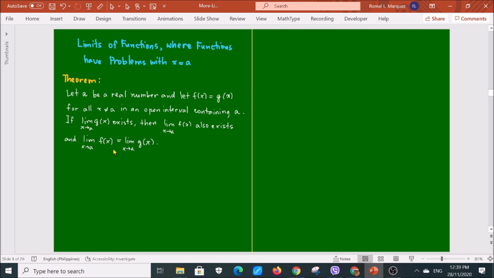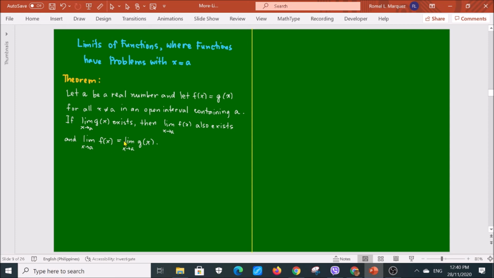So again, let's say the limit of g of x exists, and it so happens that f of x is always equal to g of x, as long as x is not equal to a. They are always equal except at x equals a. So if the limit of g of x as x approaches a exists, then the limit of f of x as x approaches a also exists, and they are equal. Okay?